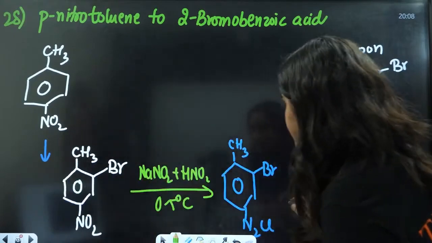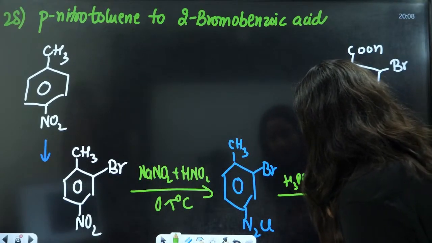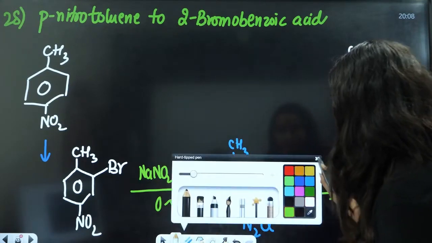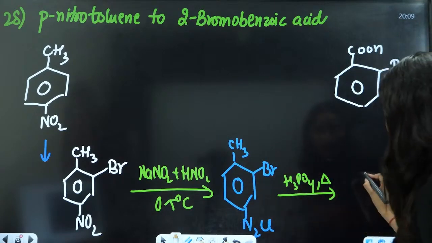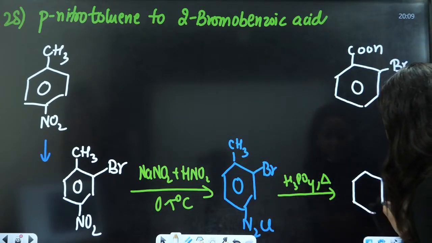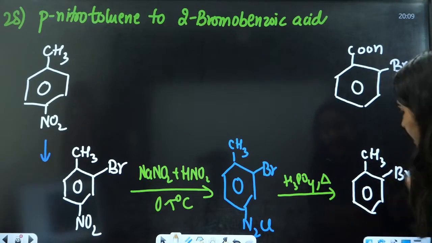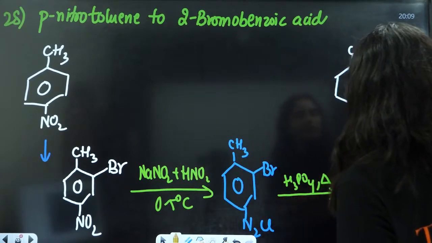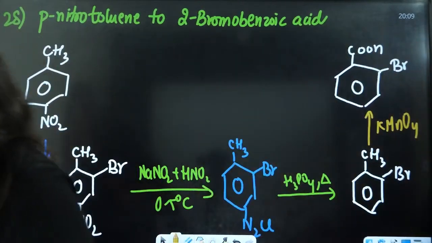Then after this, you can add H3PO2 and heat it. N2Cl will disappear, and you will get CH3 and Br. After that, I just need to oxidize it, adding KMnO4, right? Understood this?